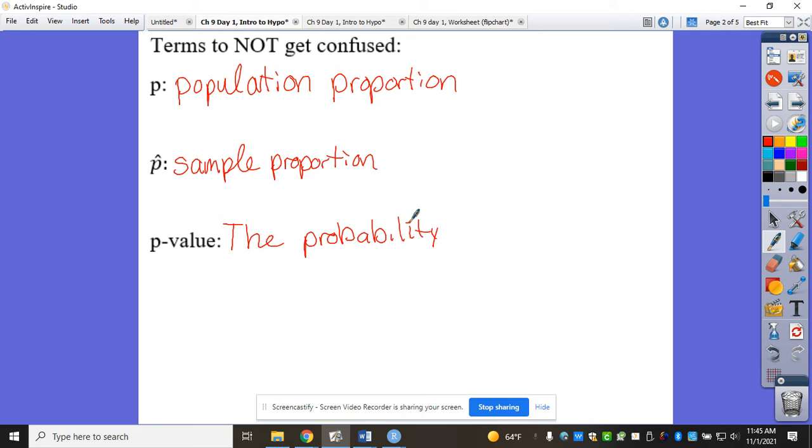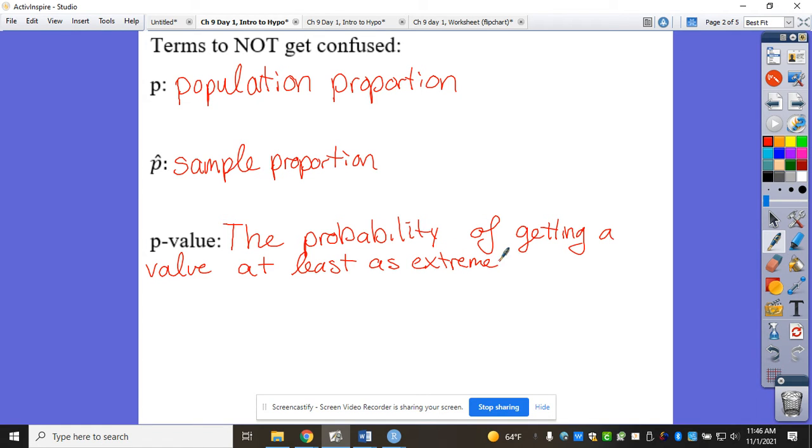So the probability of getting a value at least as extreme, which means that far from the mean or farther, as the one observed.